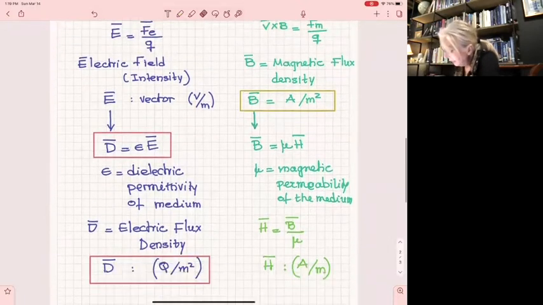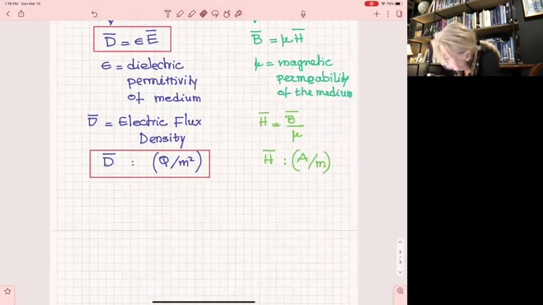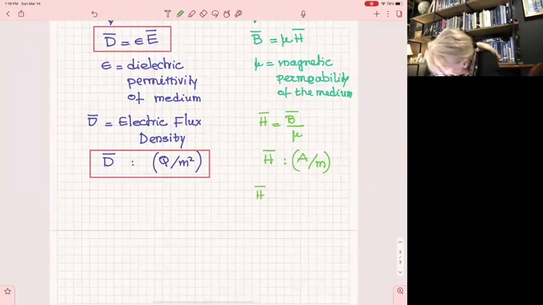And H, in fact, is called the magnetic field intensity.